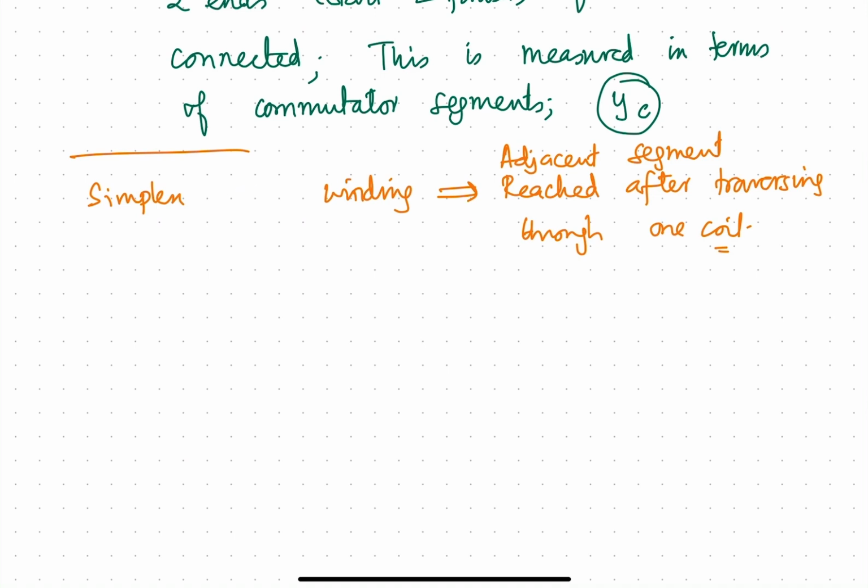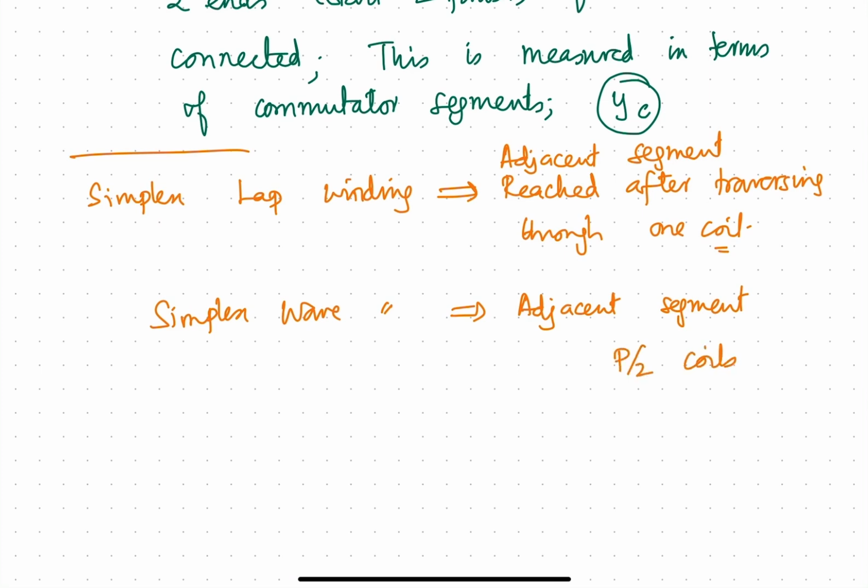For the simplex wave winding, the adjacent segment is reached after traversing through P by 2 coils, where P is the number of poles. So after P by 2 coils, the next commutator segment is reached.